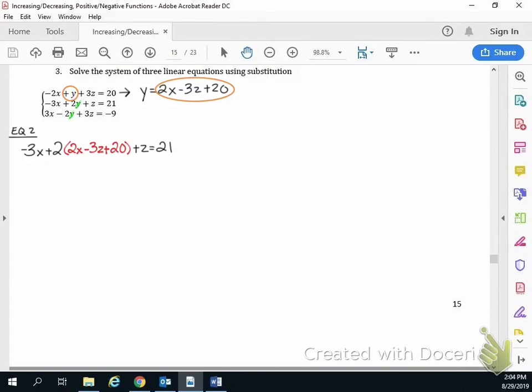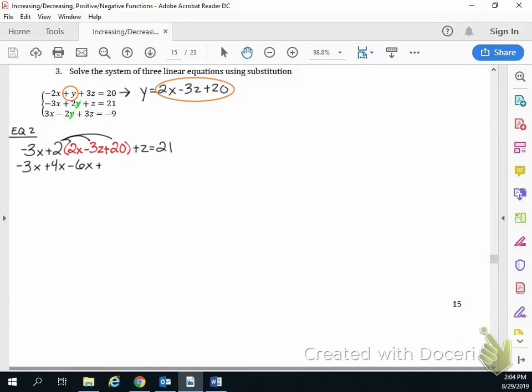Okay, so now we're going to take that and we're just going to simplify it down. So you'll distribute your 2. And again, guys, I feel like this is a really long process. I don't think it's really hard, it's just long. It'll be plus 40.